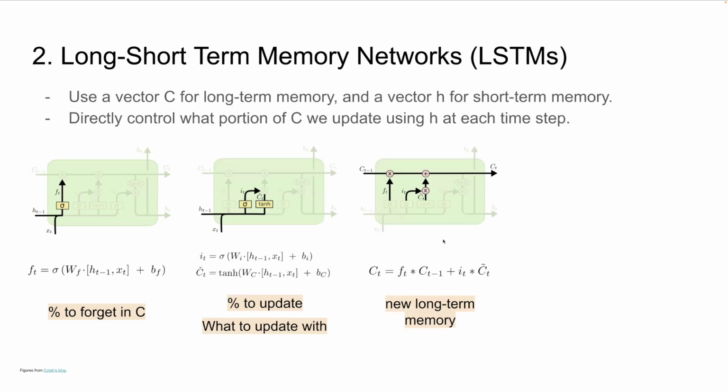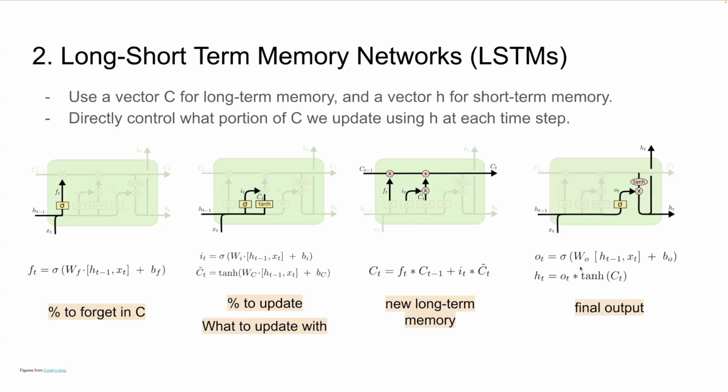And based on how much to forget, you'll multiply this C from the last time step with this F, and then you add the components that you want to update, which is this C tilde here. And this will be your updated long-term memory vector C.